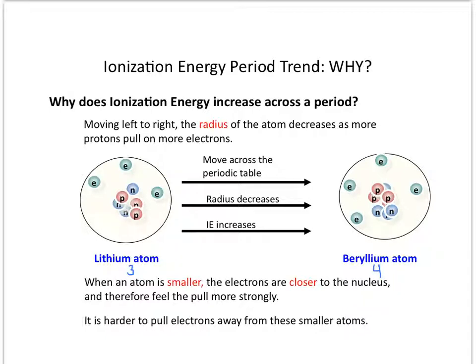So think about trying to remove an electron from a stronger atom versus a weaker atom. It's going to require more energy to remove an electron from a stronger nucleus than it would from a weaker nucleus. So when an atom is smaller, the electrons are closer to the nucleus. They feel the strength of the nucleus more strongly, and it's harder to pull the electrons away from these smaller atoms.